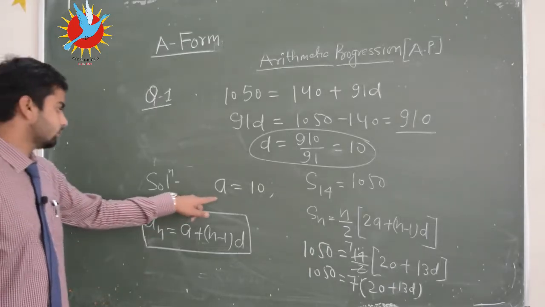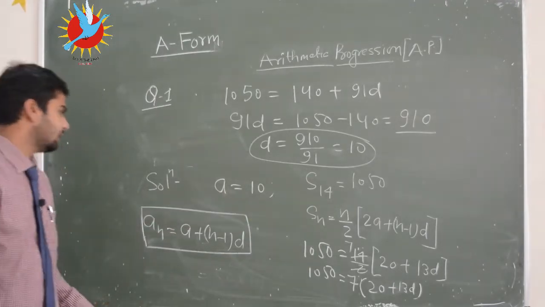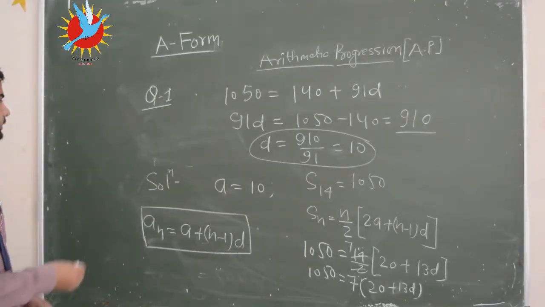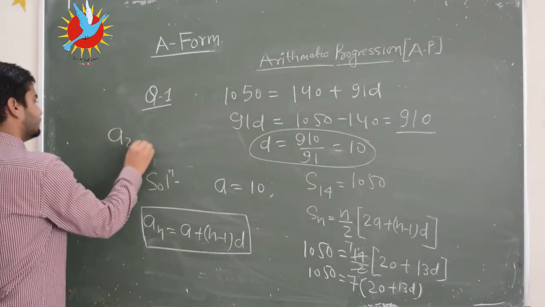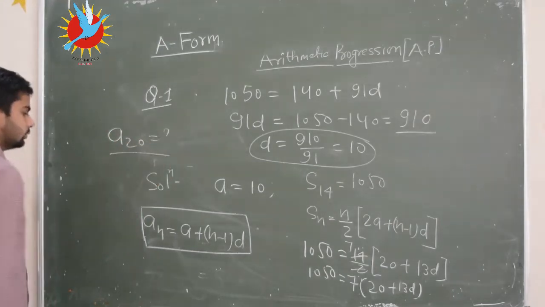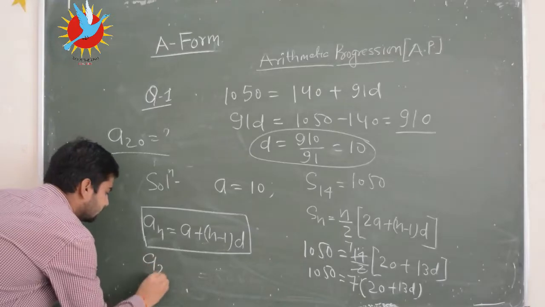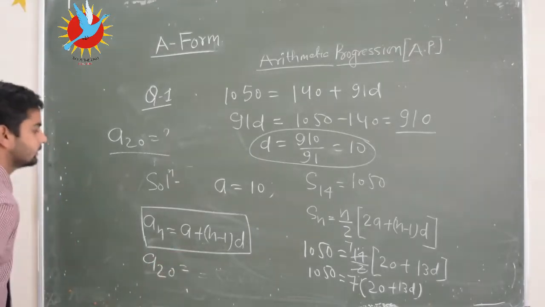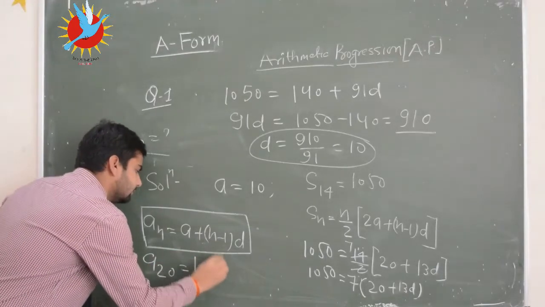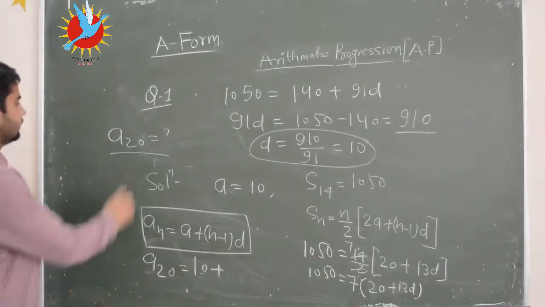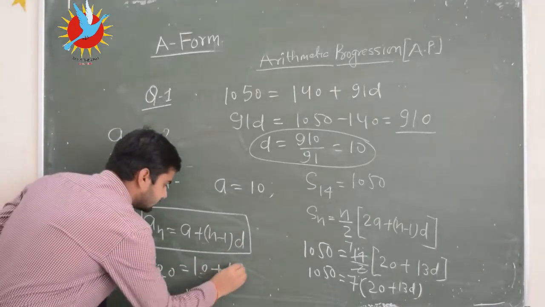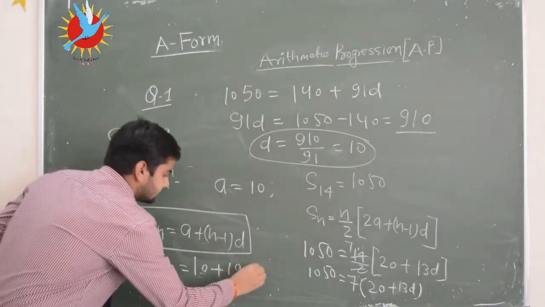We already know the value of a equal to 10, and we want to calculate the 20th term, a20. So a20 will be a, whose value is 10, plus n minus 1, which is 20 minus 1, that is 19, into the value of d, which is 10.